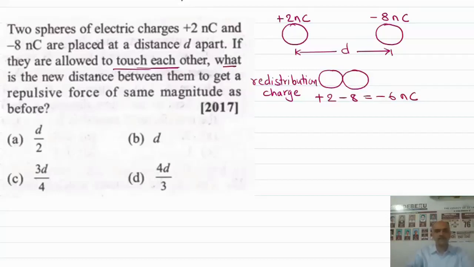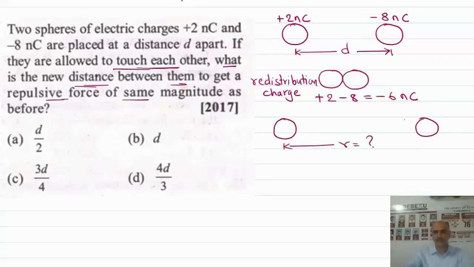What is the new distance between them to get a repulsive force of the same magnitude as before? So the force should be the same as it was initially. Now the spheres are separated again, and this distance you are required to calculate.